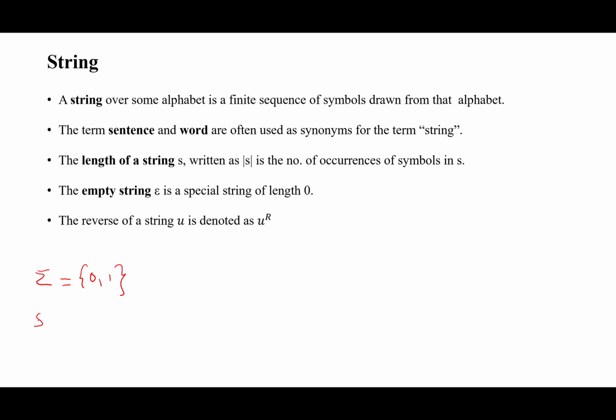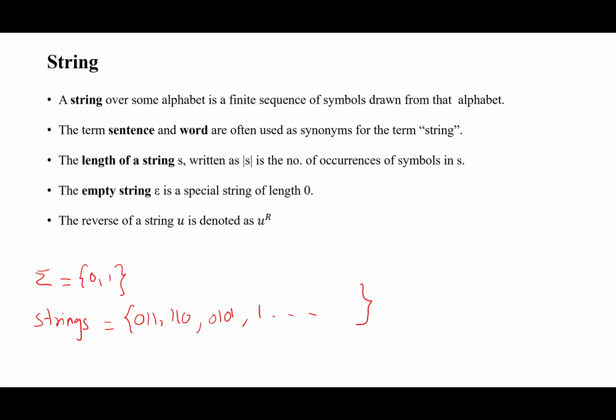Then what will be the strings here? The strings are any combination of the values, that is 0, 1, 1, 1, 1, 0 or 0, 1, 0, 1 or 1, up to any values. So this is the string. And the terms sentence and word are often used as synonyms for the term string.